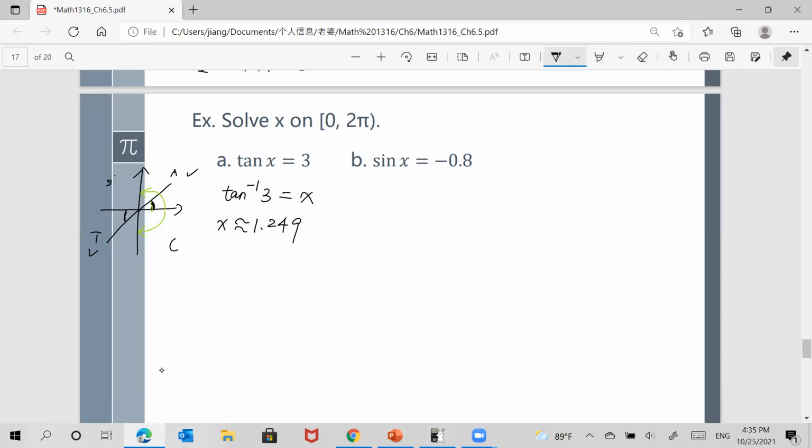And this is the angle here. How about the angle from here to here? That means I need to add pi. So x equals 1.249 plus pi, that is 1.249 plus 3.142.